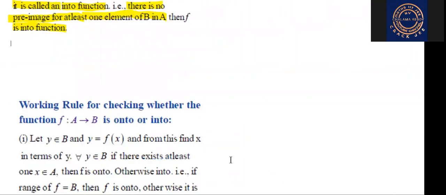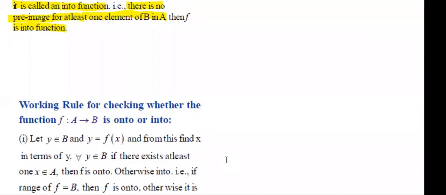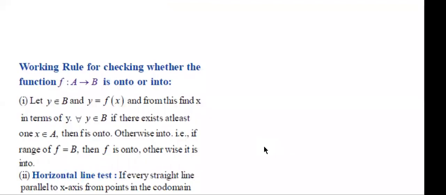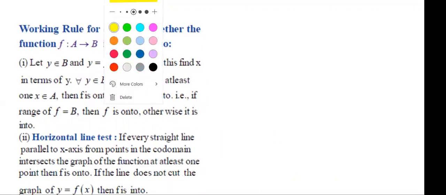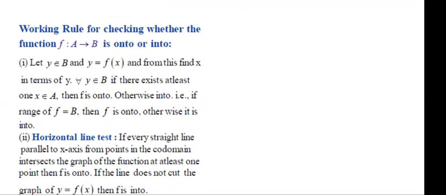Next, here is the working rule. How to check onto or into? This is the working rule. See how to do that. I am explaining. Let f maps A to B be onto.